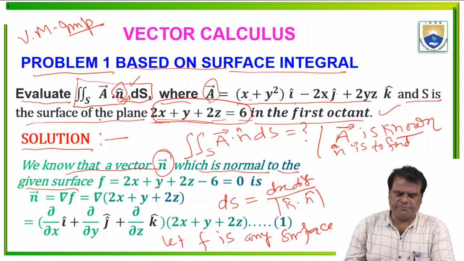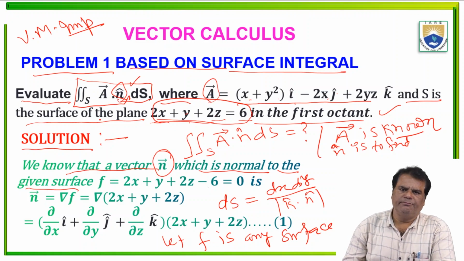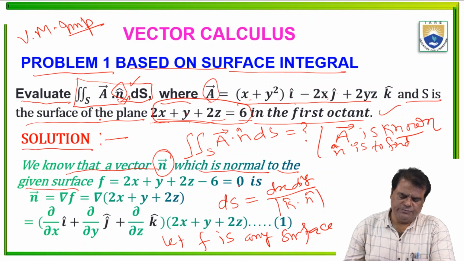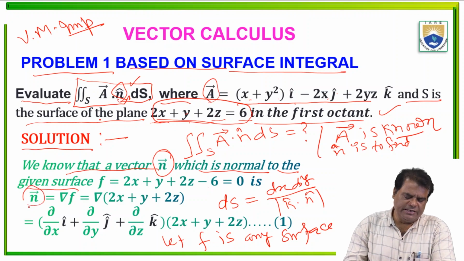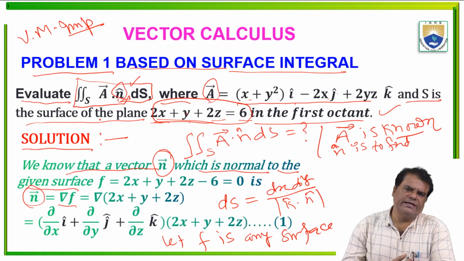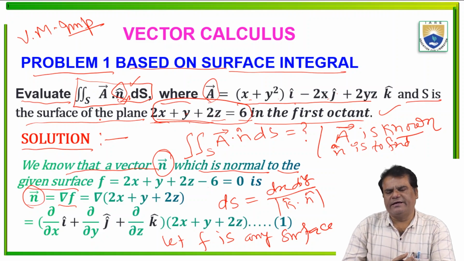The plane F is 2x + y + 2z - 6 = 0. It is given by vector n equal to del F. Del is a vector, F is a scalar, and this is known as grad F. Grad F is a directional vector, and its direction is normal to the given surface.